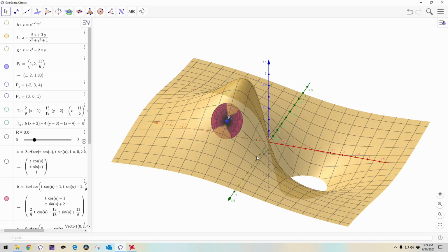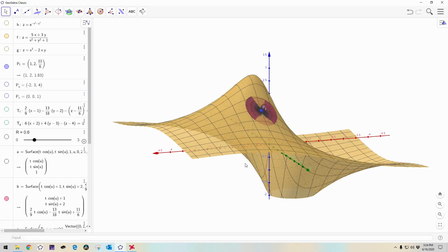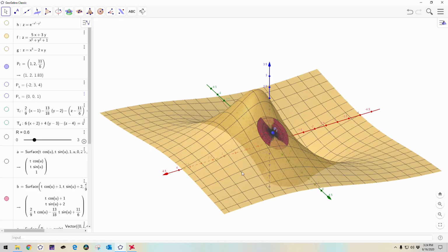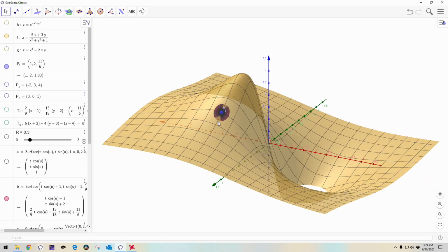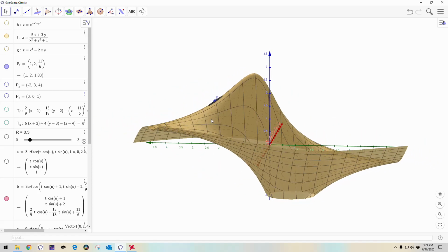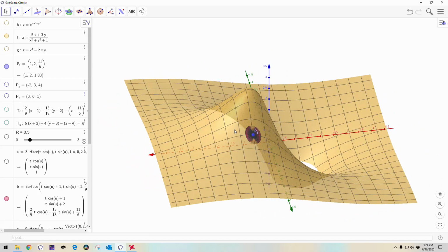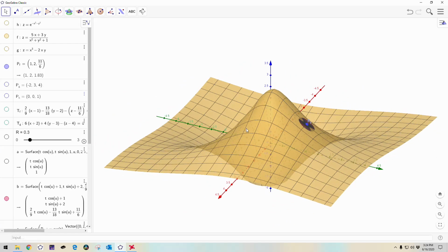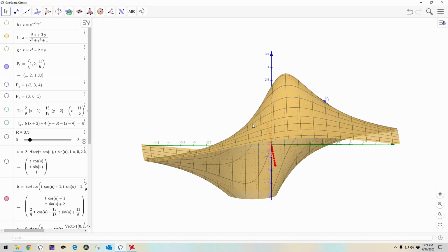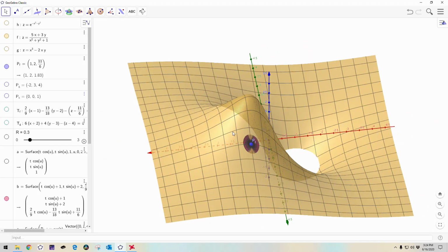So I could even zoom in even closer here. I'm only interested in probably something even smaller than that. And you can see once you get close enough, it stops intersecting the surface as much and starts being truly just tangent next to it. You can't really see the separation between the two, but you can see that it's there.